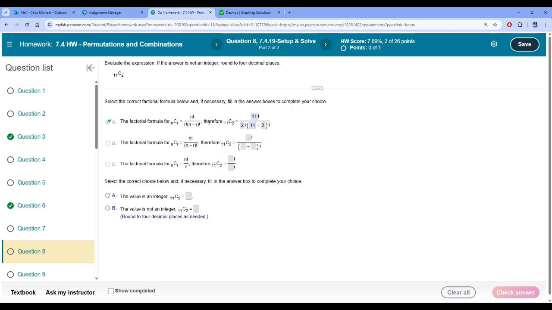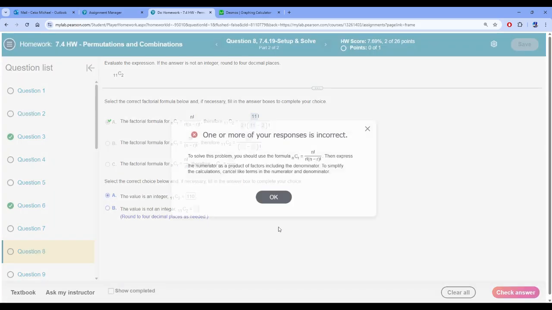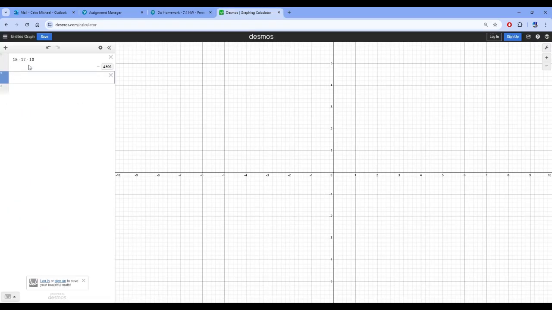What would that value be? 110. 11C2, 11 times 10. 11C2 is 110, isn't it? Can I do combination? 11C2.